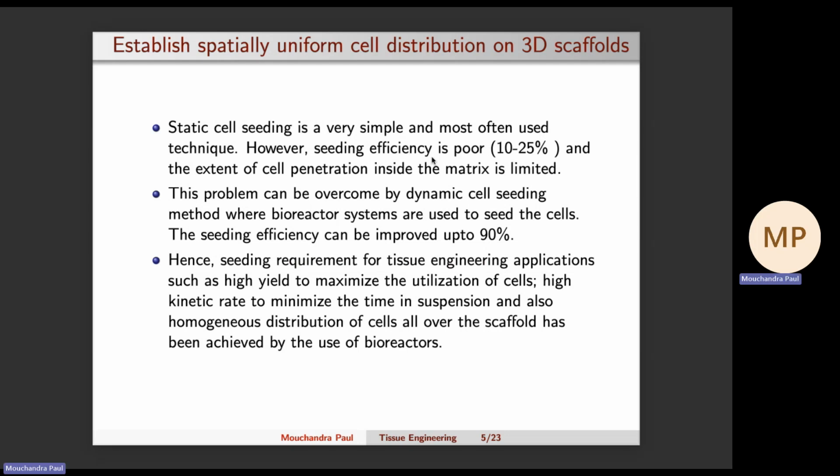Say you have decided to seed 10 to the power 6 cells. It is 1 million cells you decided to seed.